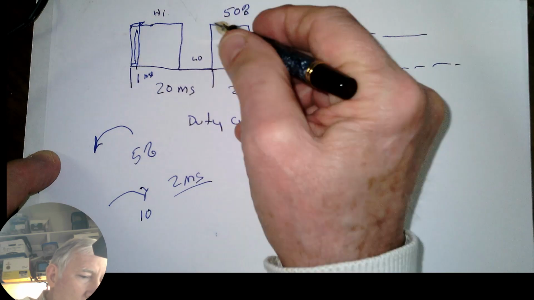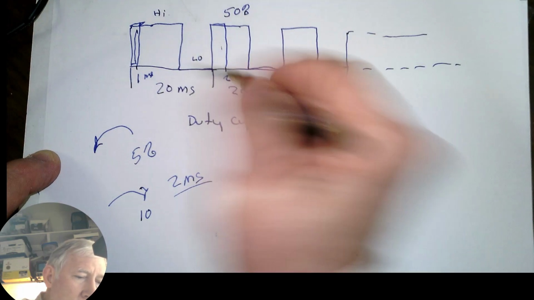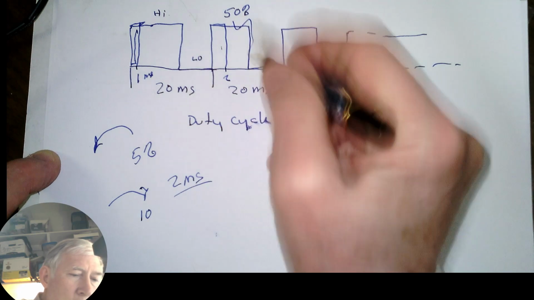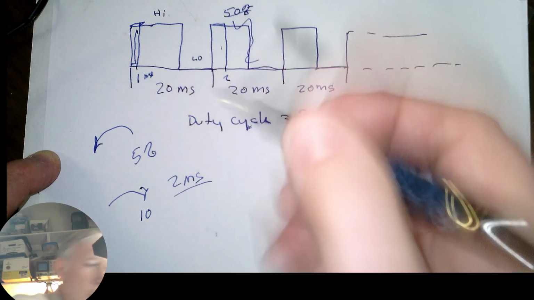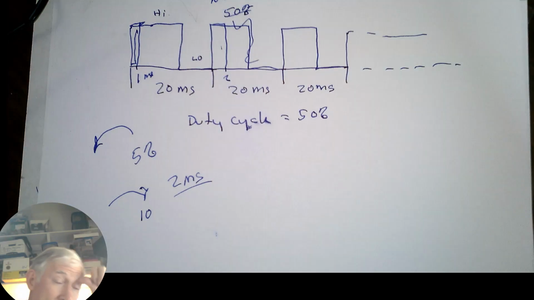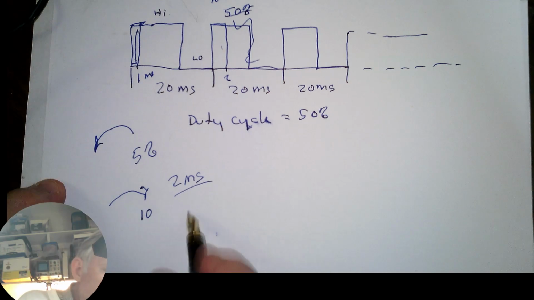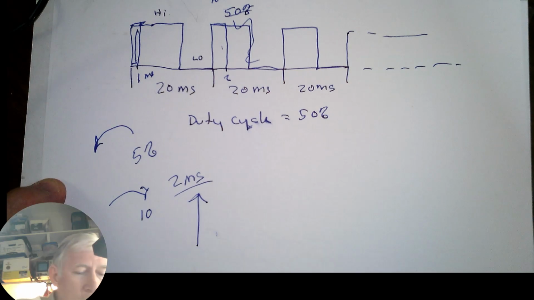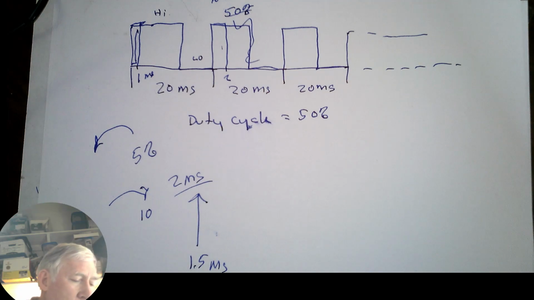So that would be something like here, 2 milliseconds. This would be 1 millisecond. And of course that would be, instead of 50%, a 10% duty cycle. And when we want it to be straight, if you will, we would make that 1.5 milliseconds, or a duty cycle of 7.5%. So this does decrease the precision with which we can control the servo, depending on how many bits of resolution we have in our PWM signal.